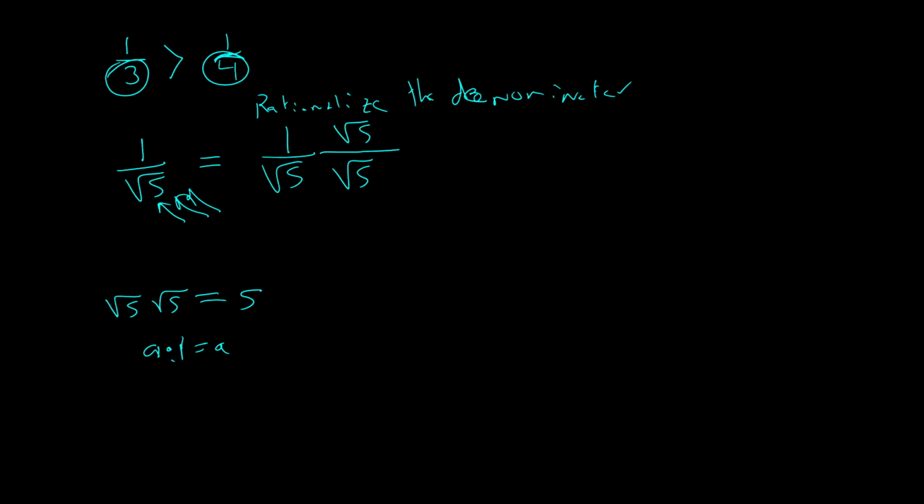But to not change the overall number, I need to multiply it by 1. And that's a way of writing 1, because anything divided by itself is 1. And so I get upstairs the square root of 5, and downstairs the square root of 5.